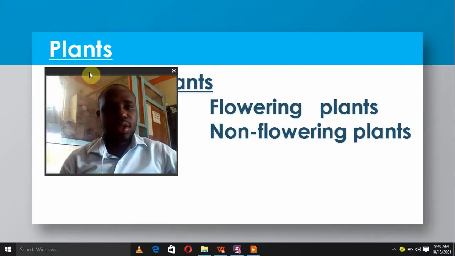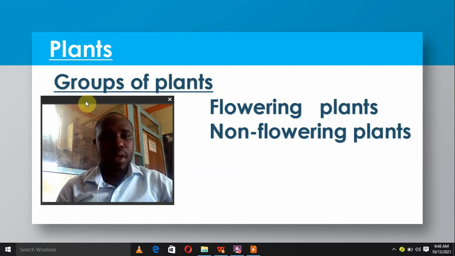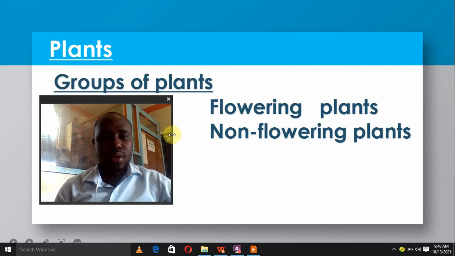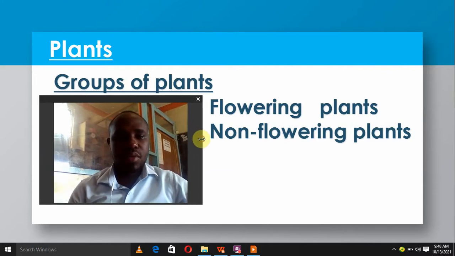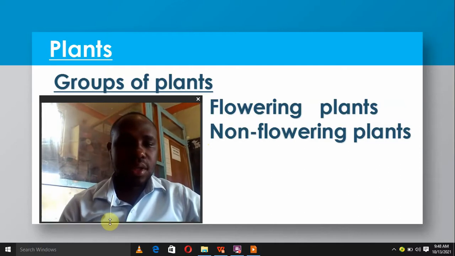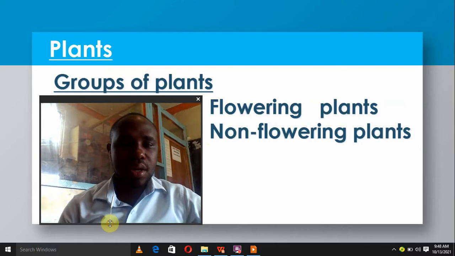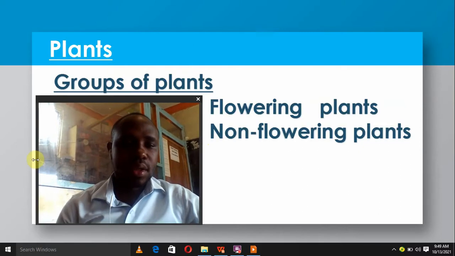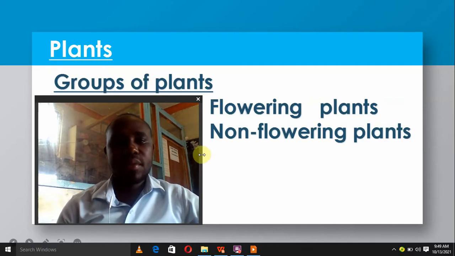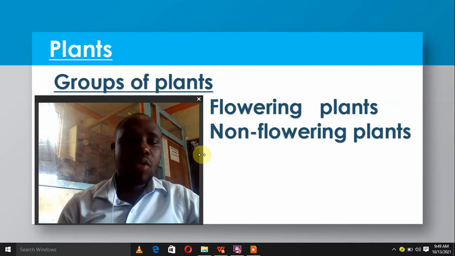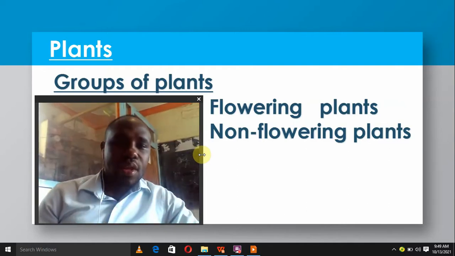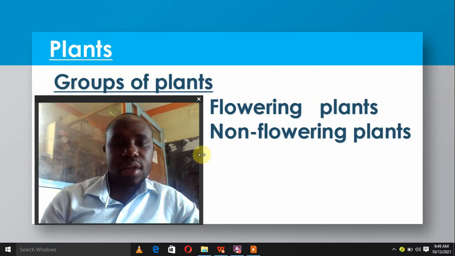We are going mainly to look at plants in the environment, and most especially the common plants. The plants we are going to look at are the main plants which we find in our environment, the common ones. I know there are very many, but for us we are looking at plants.